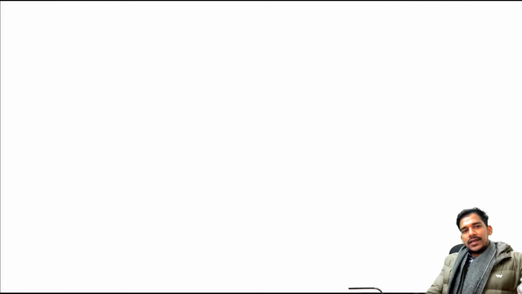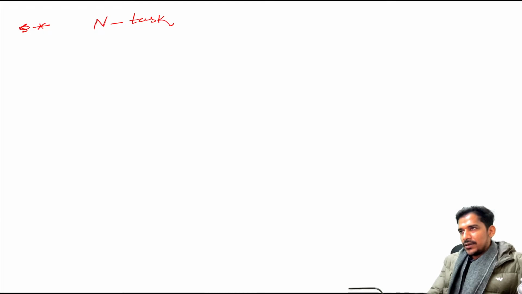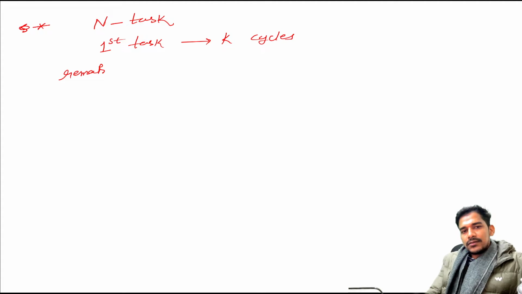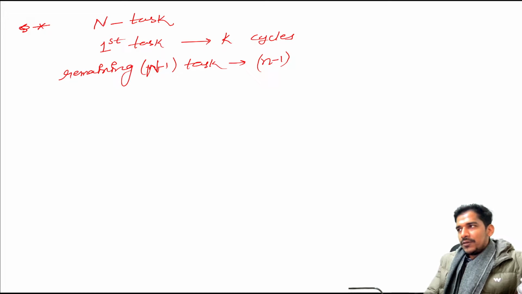So you know that we have discussed this, that if you have n tasks to complete on the pipelining processor, then the first task will take k cycles, where k is the number of stages in the pipelining, and the remaining n minus 1 tasks will take n minus 1 cycles, because after every cycle the output of an instruction will be available.